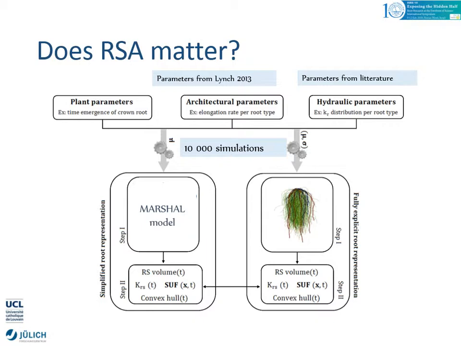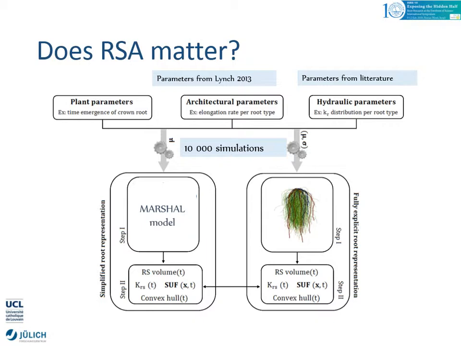And we did it with an architectural model, so an explicit 3D model. So we had 10,000 simulations of root architecture, but not only root architecture, root architecture with hydraulic properties, so the dependency of radial and xylem conductivity on root types and root age. So we had 10,000 root hydraulic systems actually.